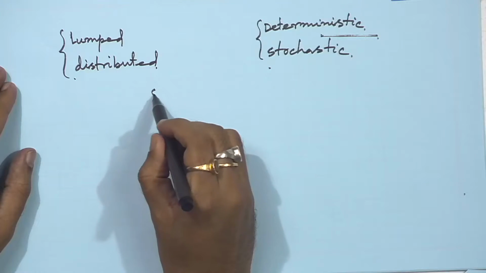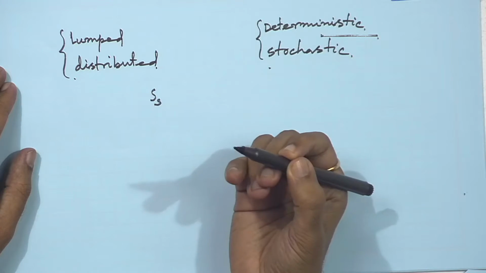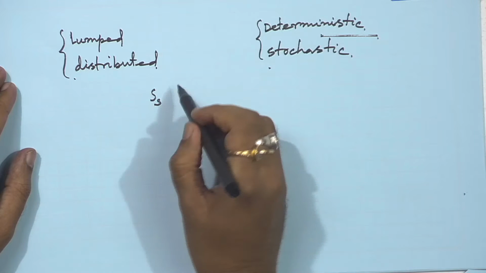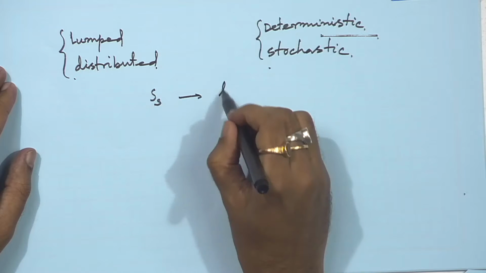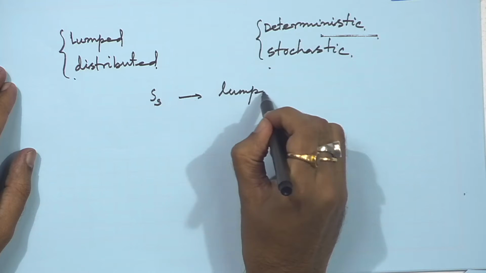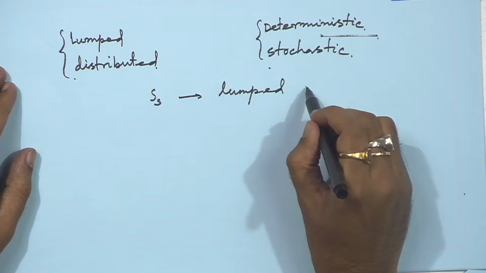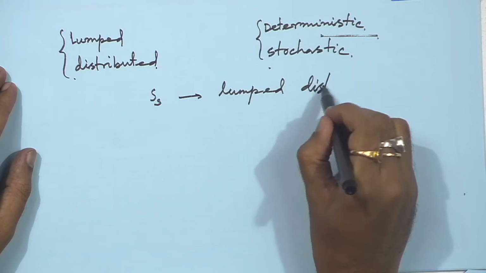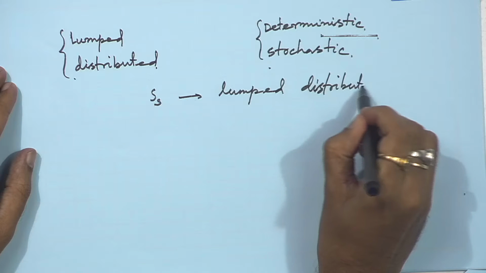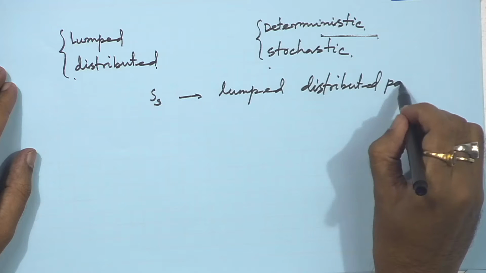That thing is, no uncertainty is incorporated. Now, if we talk about SS or specific storage, which is essentially a lumped distributed parameter.